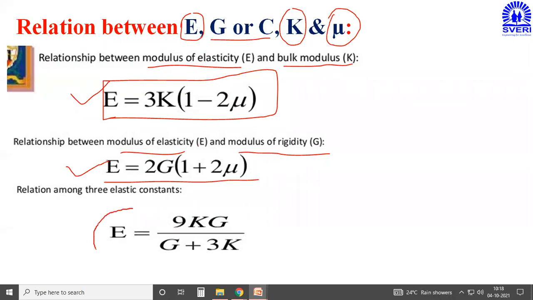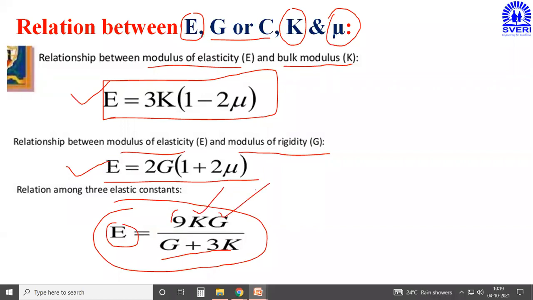But the third relation represents the relation between all three elastic constants, because E is equal to 9KG divided by G plus 3K, or 3K plus G. Here Young's modulus E is present, K is present, and G is present.